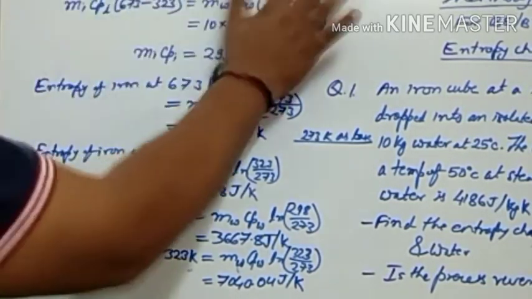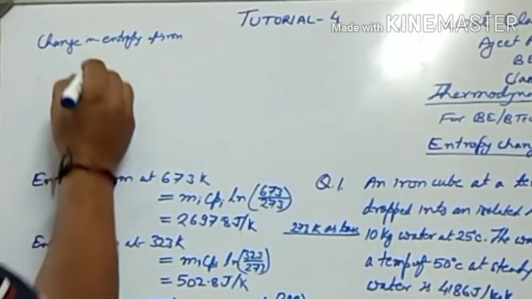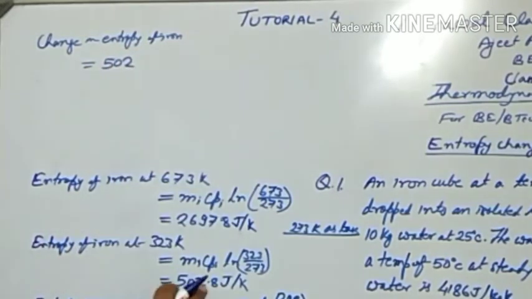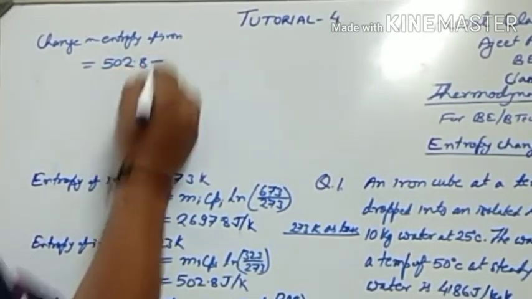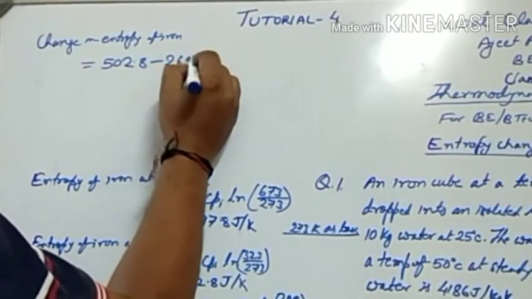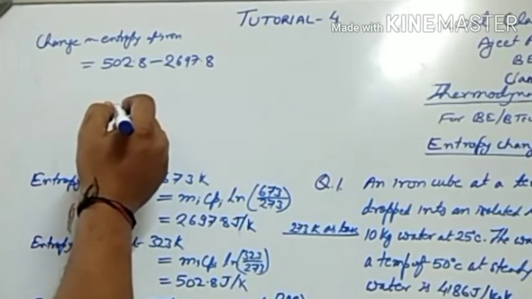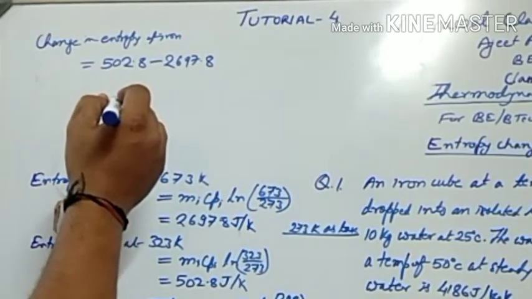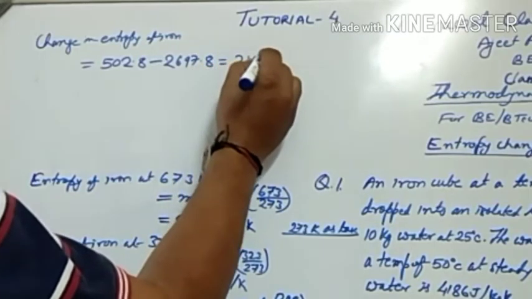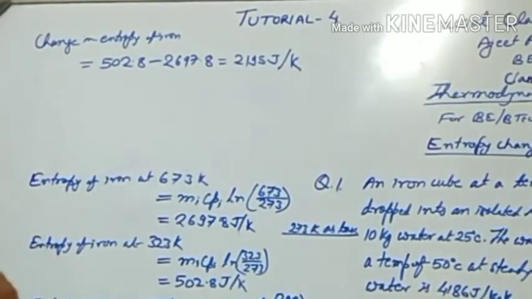Writing here again, the change in entropy of iron is 502.8 minus 2697.8 joules per Kelvin, which equals minus 2195 joules per Kelvin.